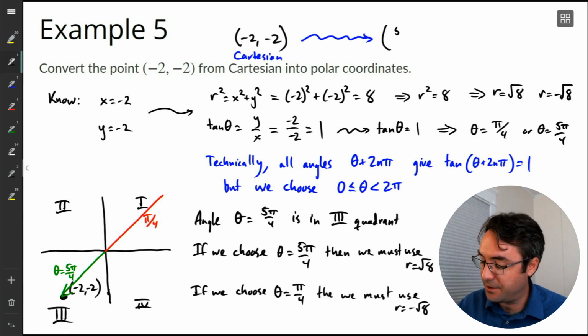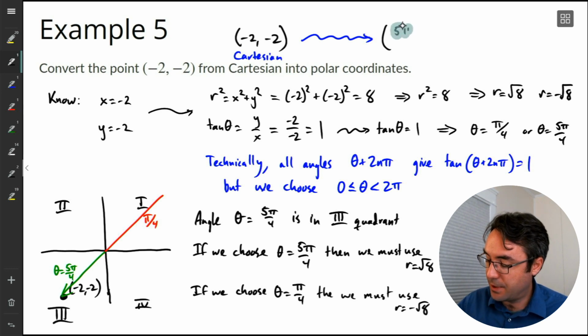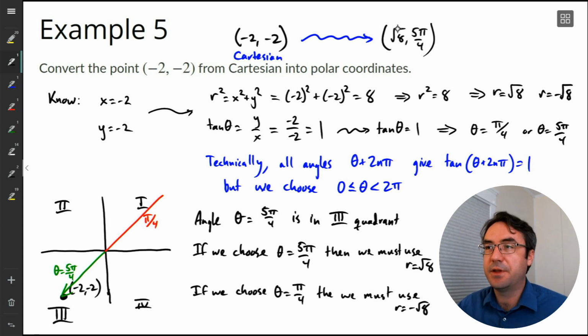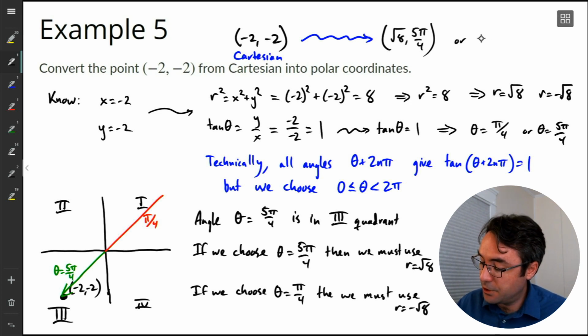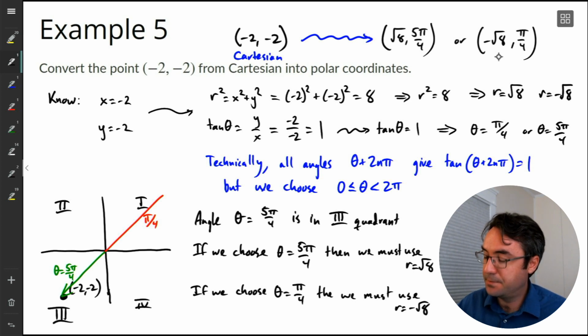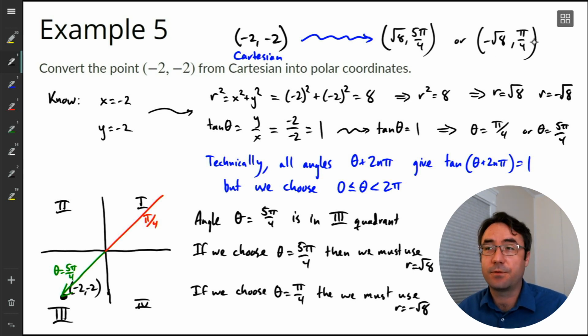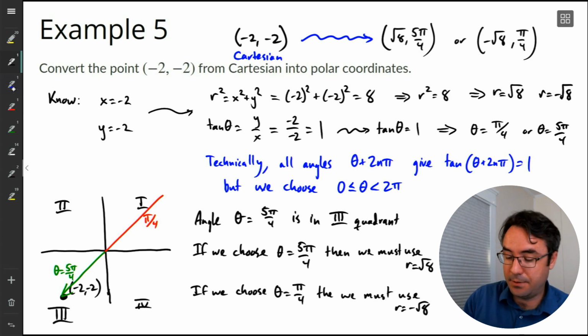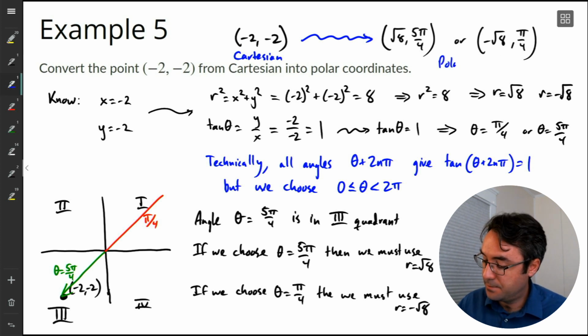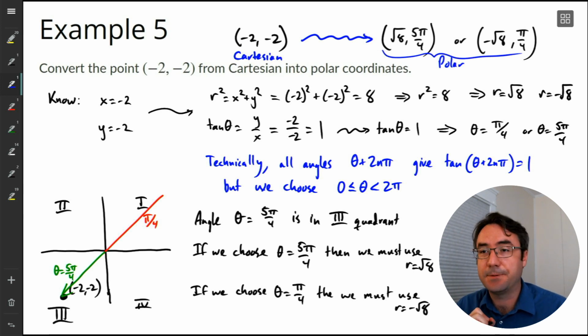We could do either square root 8, comma 5 pi over 4. And this is probably the nicest one because the r value is positive and the theta value is between 0 and 2 pi. But we also could do the negative r value, negative square root 8, comma pi over 4. So both of these would be acceptable. So just various polar representations here.